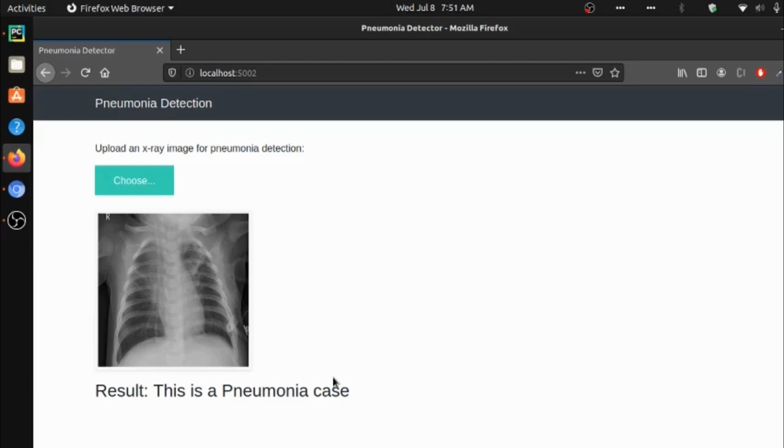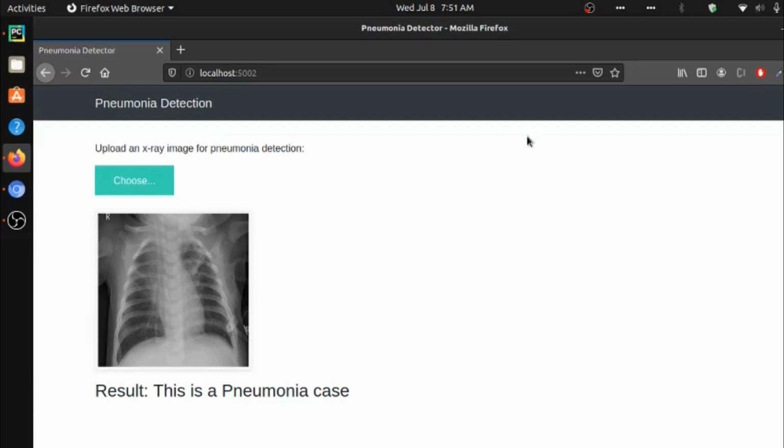This would be very helpful to confirm your results. If your doctor has said that your chest x-ray is normal and you do not have pneumonia, you can upload the image and confirm whether the doctor is right or not. Even doctors can use it to confirm that the result they have predicted is correct.